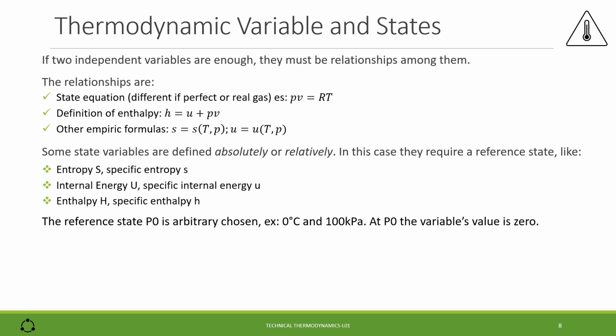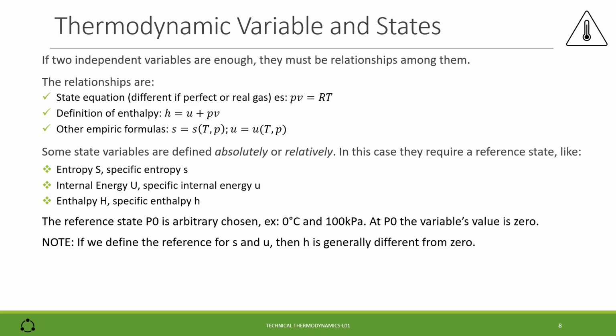The reference state P0 is arbitrarily chosen, for instance 0 degrees and 100 kilopascal. At P0 the variable's value is taken as 0. Notice that if we define the reference for entropy and the internal energy, then the enthalpy is generally different from 0, as we can see in this example.